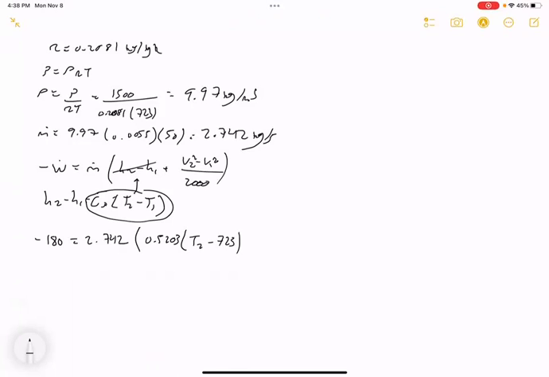Well, we're told it's 450 Celsius, but we're smart, so we know to bring it into Kelvin. And then V2 squared minus V1 squared over 2000. So V2 is 140. V1 is 50. And 2000, like this. And now it's just a matter of solving for T2 algebraically. And if we do that, we will end up with T2 equals 580.4 Kelvin.